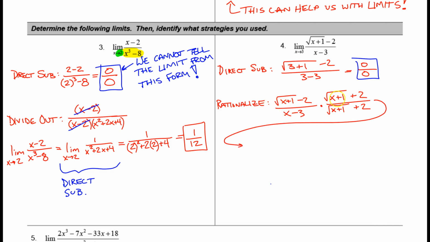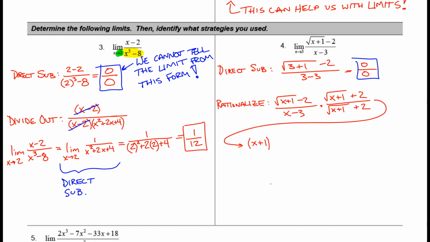When I multiply, I'm first going to work on the numerators. When I multiply the square root of x plus 1 times the square root of x plus 1, I get x plus 1. I multiplied the two first terms. You can think of this like foiling: first, outer, inner, last. Now I'm going to multiply the two outer terms, the square root of x plus 1 times positive 2.